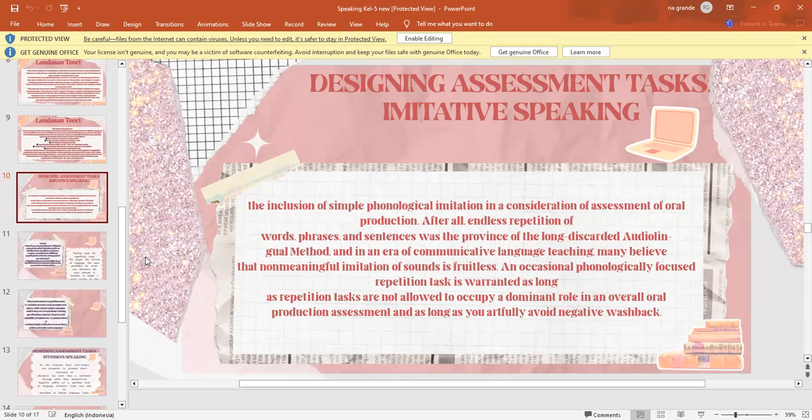In an era of communicative language teaching, many believe that non-meaningful imitation of sounds is fruitless. An occasional phonologically focused repetition task is fine, as long as repetition tasks are not allowed to occupy a dominant role in the overall oral production assessment, and as long as you carefully avoid negative feedback.